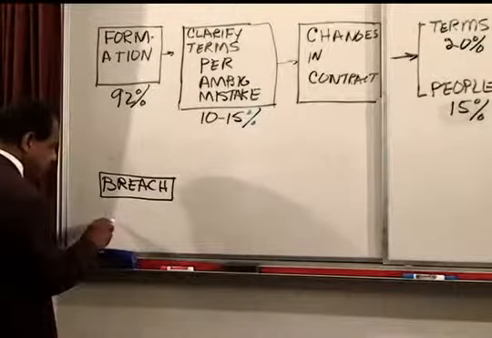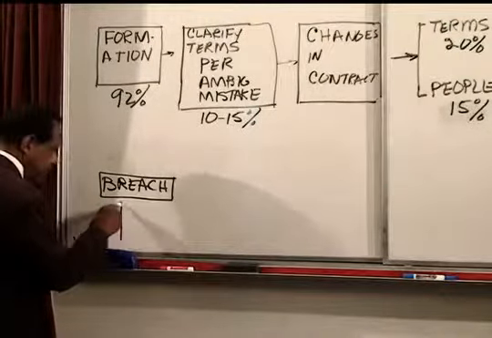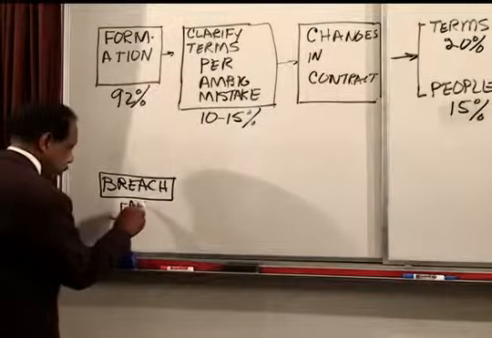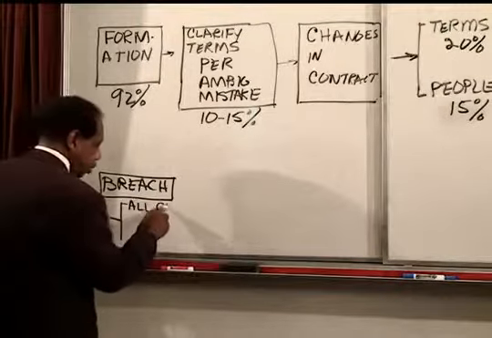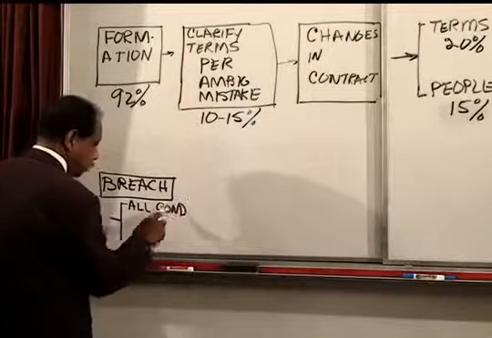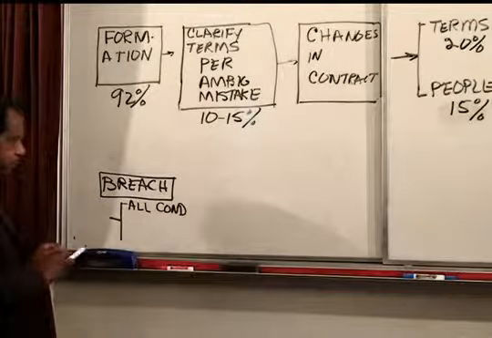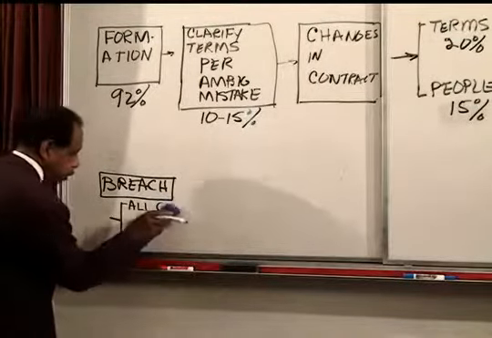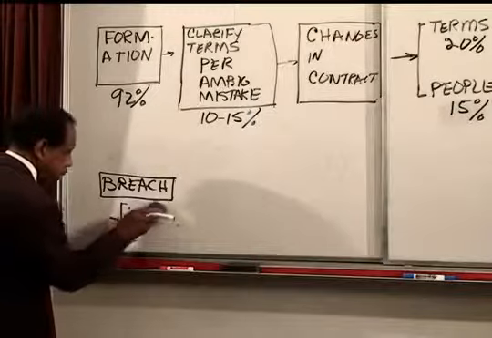The requirements for breach of contract are, number 1, all conditions have occurred or been excused. I'm going to abbreviate this here because we're going to put it down more fully when we're doing the analysis.